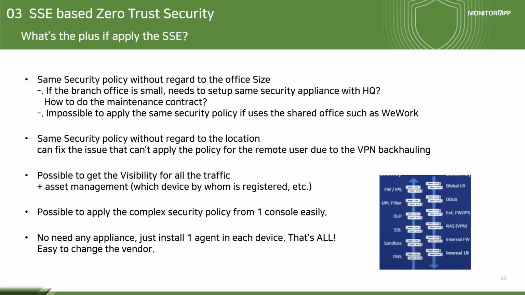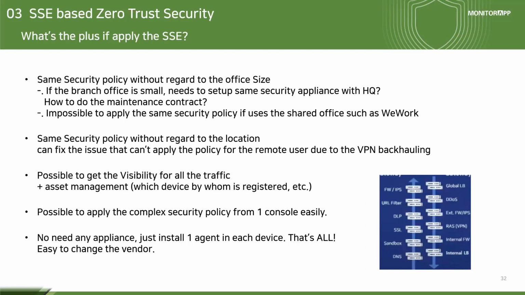And the next one: if you have multiple devices from different vendors, it's very hard and complex to set up the security policy. But with the SSE platform from a single vendor, it's possible to apply the complex security policy from one console easily.